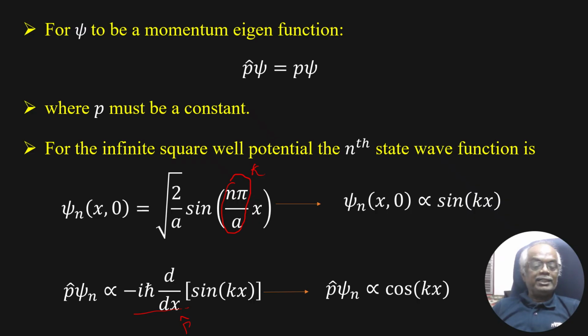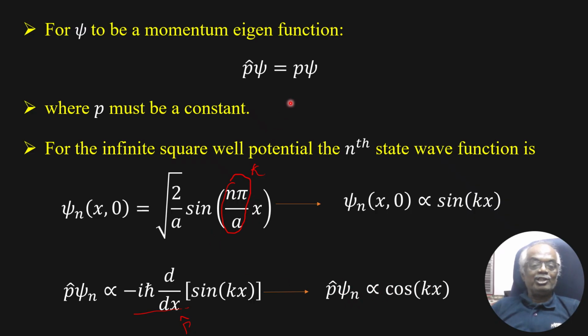When it acts on sine kx, you ignore the minus i h cross because we are taking proportionality and ignoring this constant. So when p acts on psi n, if you differentiate sine kx, you will get cos kx. So this is proportional to cos kx.